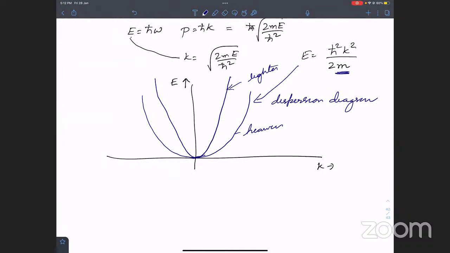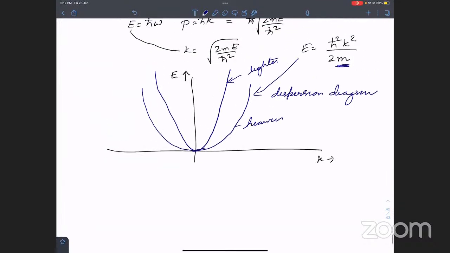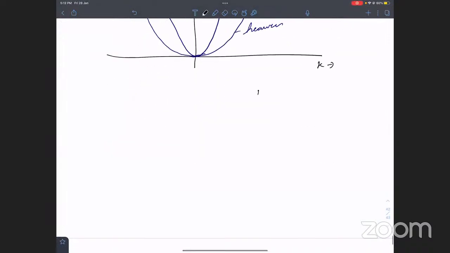Now, we can do this kind of diagram for light also, even for a photon. Let me show you what that looks like. The energy of a photon is h times nu, or it's the same as h bar times omega. And the momentum of a photon is h bar into k, and that is h bar into 2 pi by lambda, where lambda is the wavelength of that particular light.